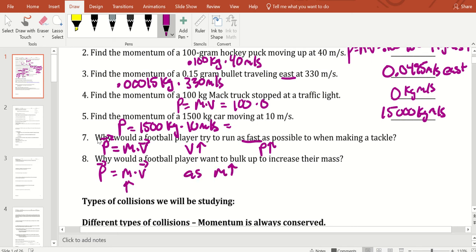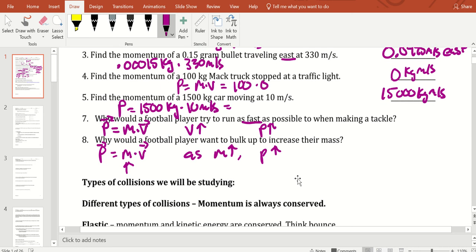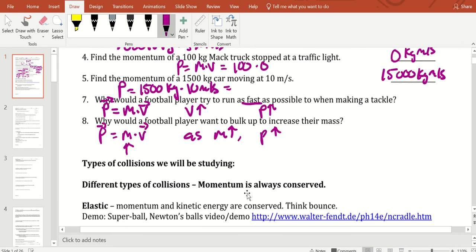As mass increases, momentum increases. So that's why football players would want to bulk up or increase their mass as much as possible, because that's going to increase their momentum.